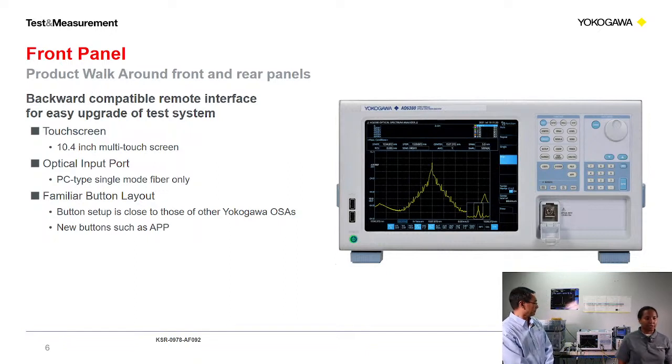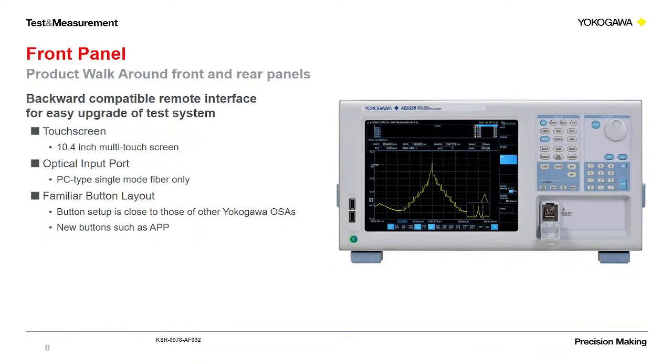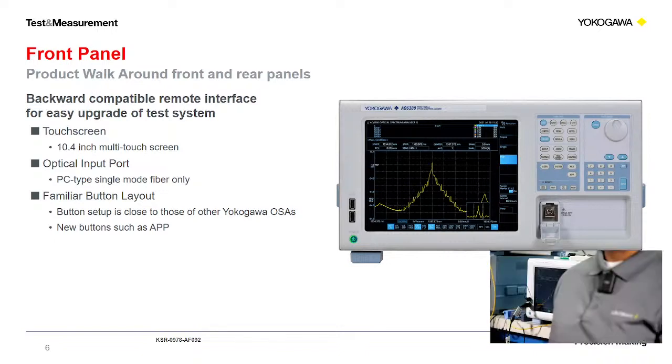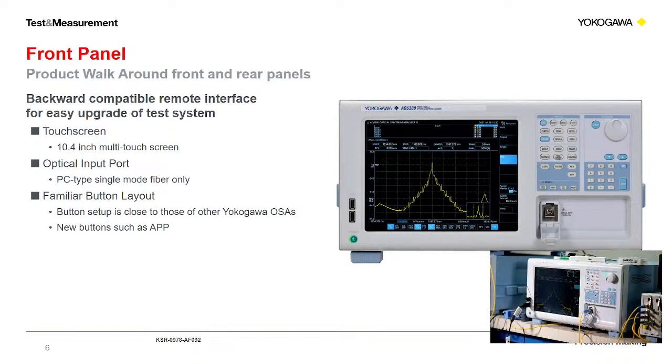Okay, let me just change views right here. All right, sorry, I'm in the way. So right here we have the front panel of the AQ6380. Our biggest feature, front panel wise, is the touchscreen now, so you can quickly change views and zoom in really easily, just like you would on a smartphone.